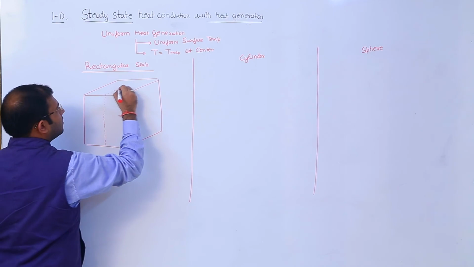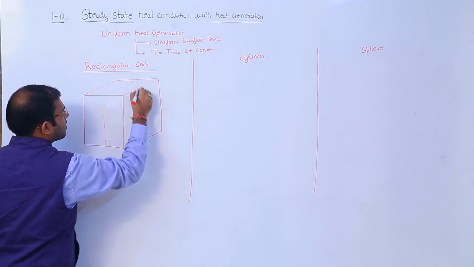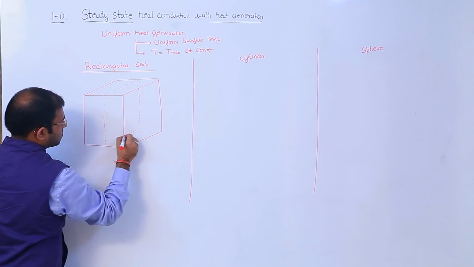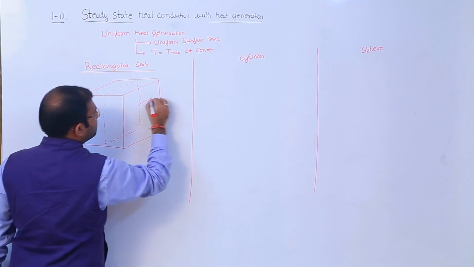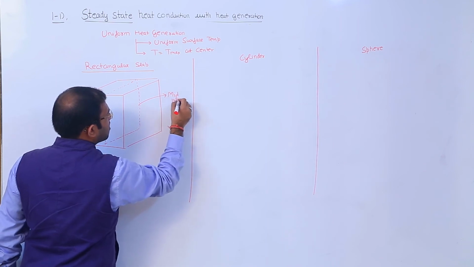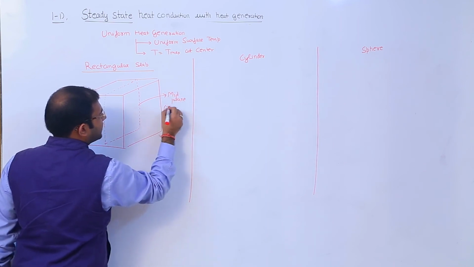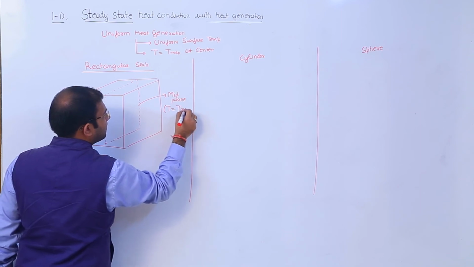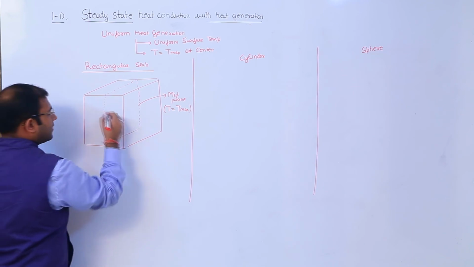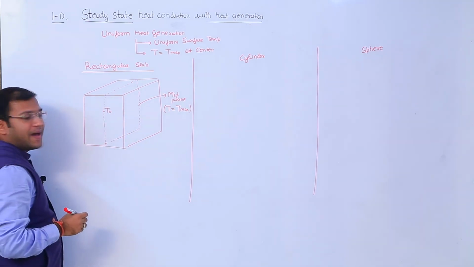this is the mid plane, where the temperature is T maximum. Fine, and let this be your T naught or T maximum.